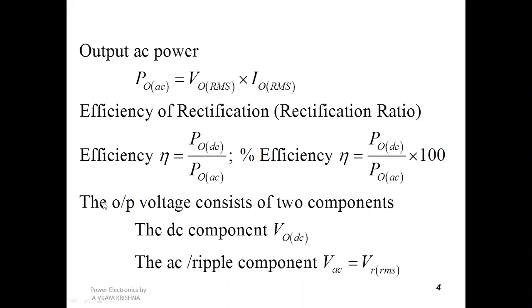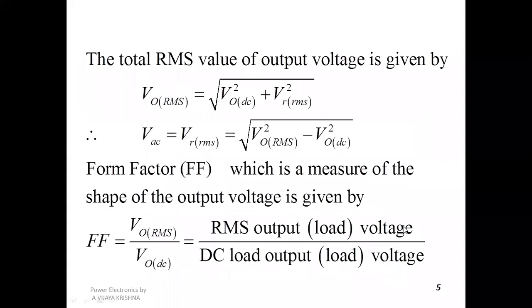The output voltage consists of two components: the DC component V DC, and the AC ripple component V AC, which is called the V RMS value.